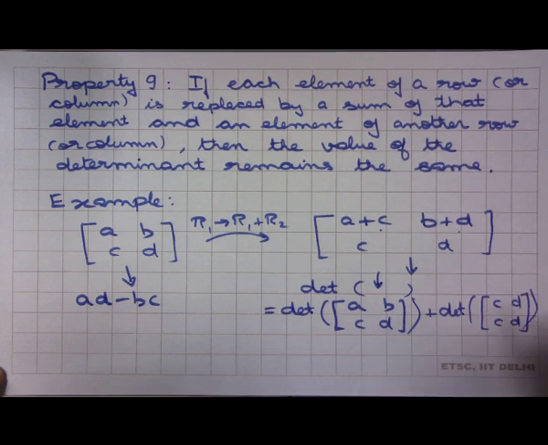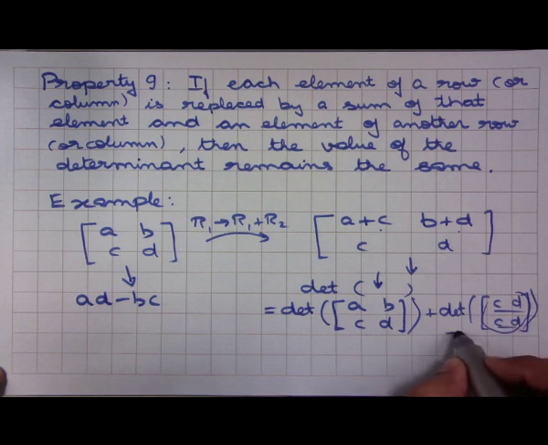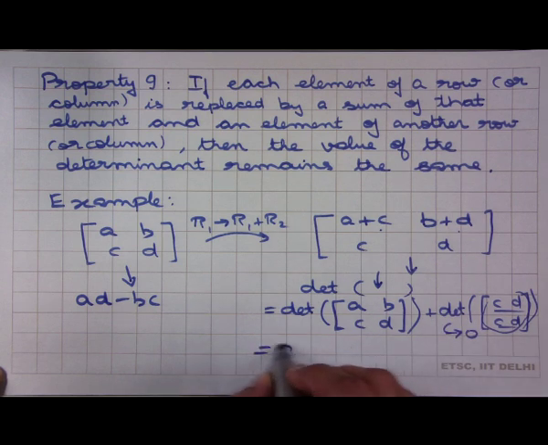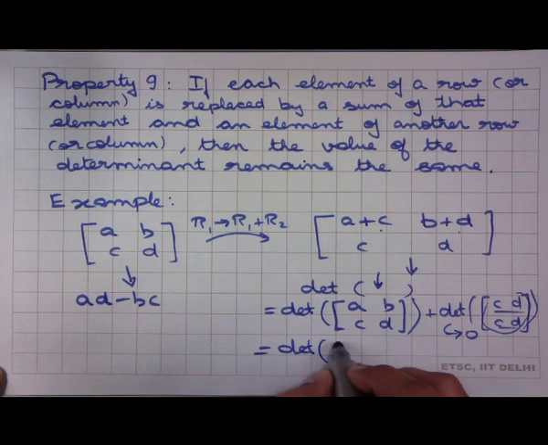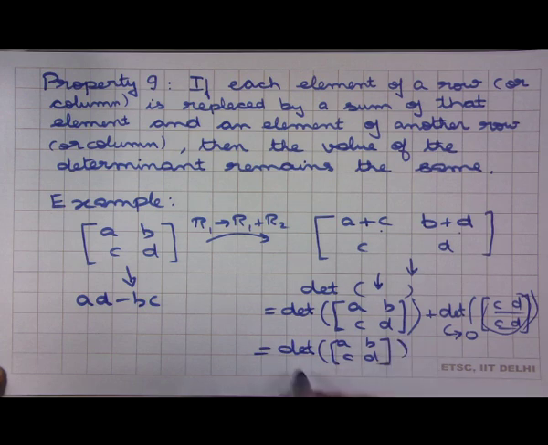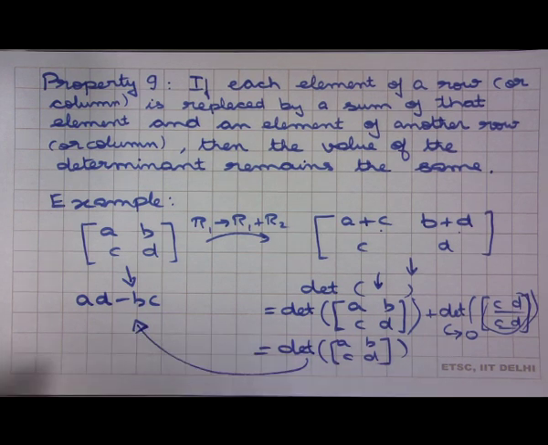This is from the previous property, and if you look at just this matrix, we see that these two rows are identical, and so this determinant goes to 0, and what we are left with is nothing but the determinant of A, B, C, D, which is the same as over here. This we see for a 2 by 2 matrix, but it holds true in general for a general n by n matrix.